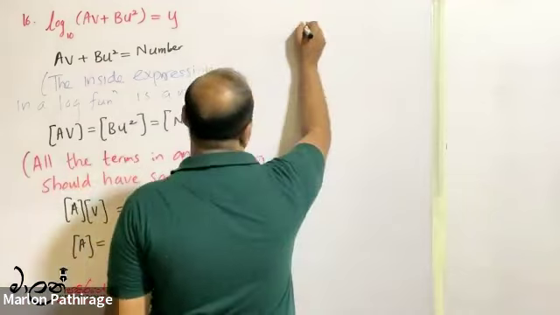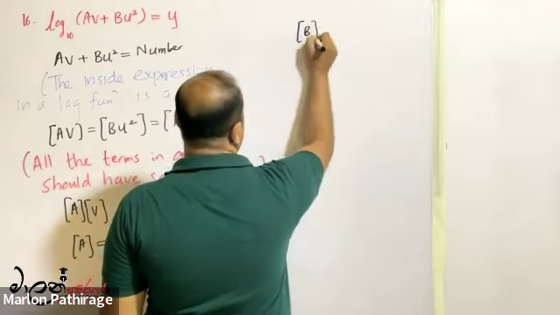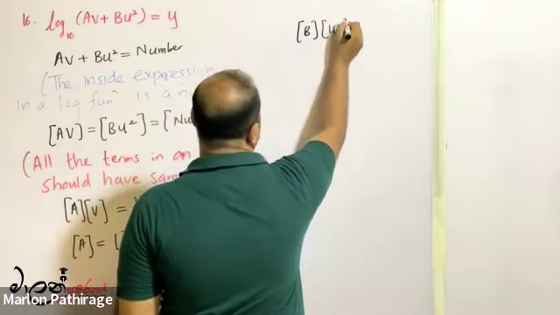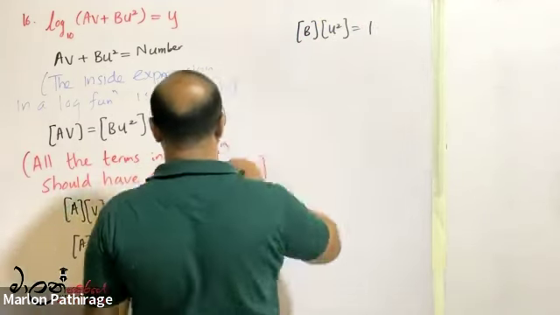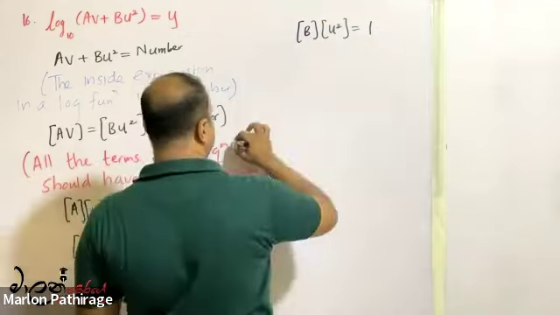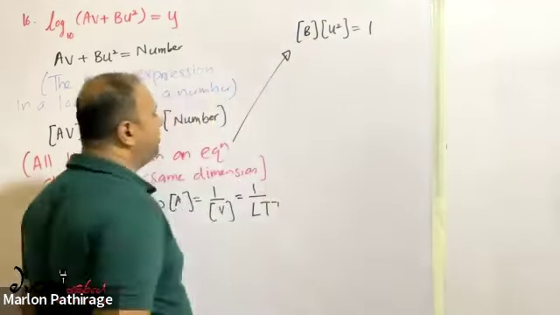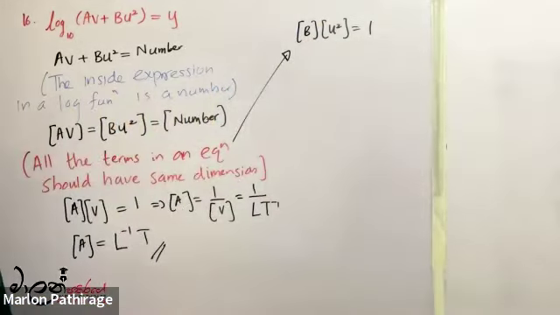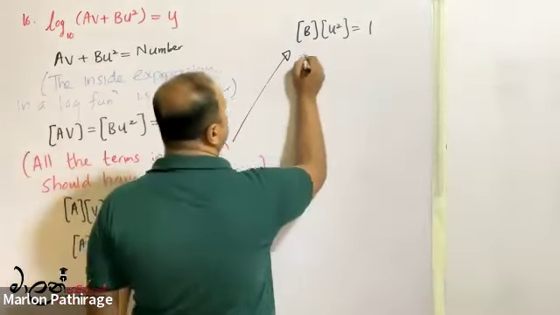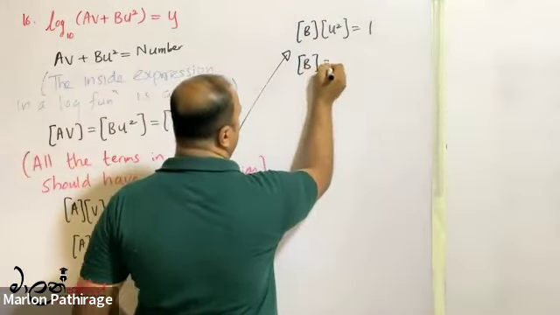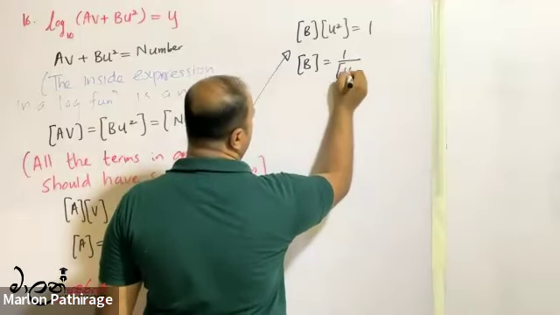Again, dimension of B into dimension of U square is equal to 1. The reason is the same reason. Then the dimension of B is equal to 1 over dimension of U square.